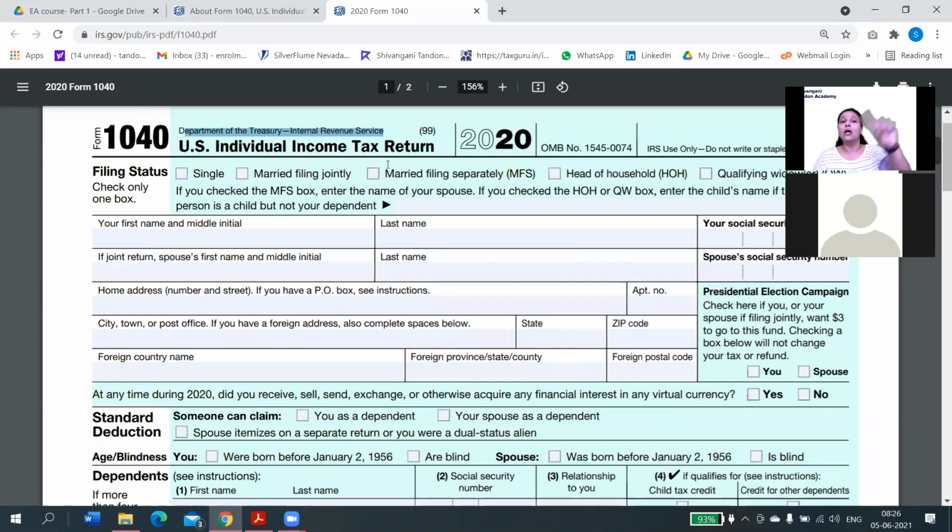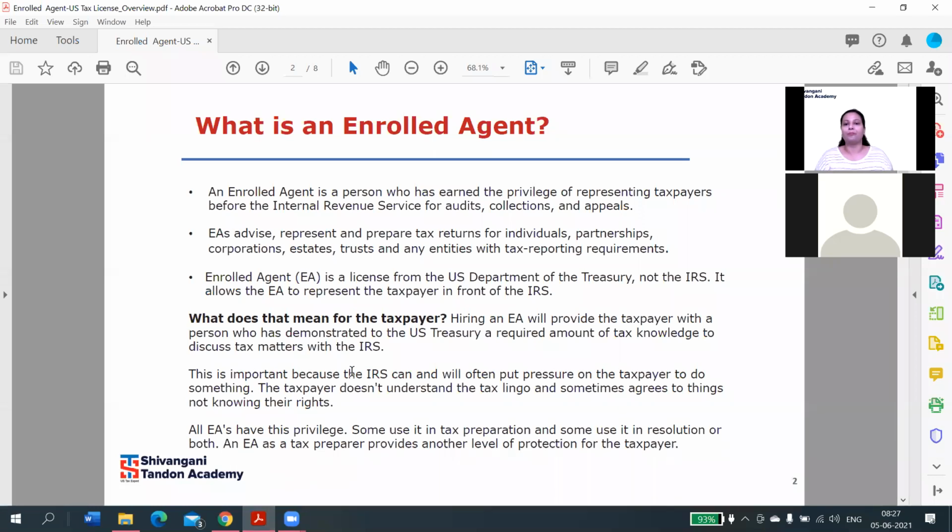This is because the tax forms, tax laws, any enrolled agent license, anything related to tax rules and regulations, license, form changes, form preparation, this is all the task of the Department of Treasury. Okay, so that is why the EA license is given by the Department of Treasury.